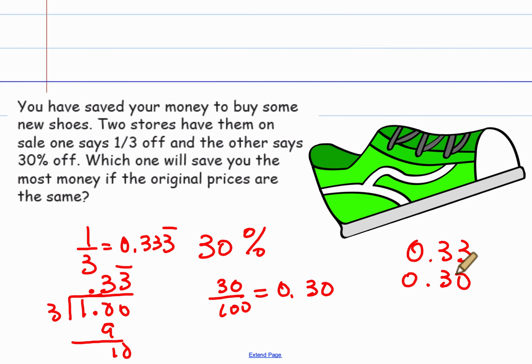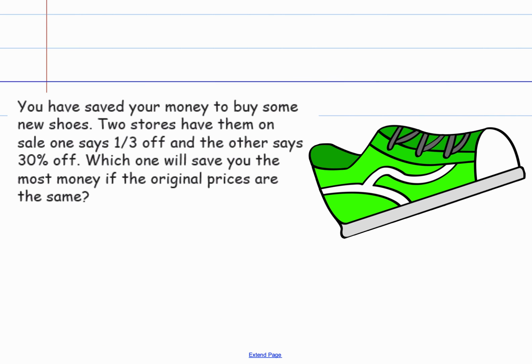Well, 33 hundredths, even though that's repeating, is bigger for sure than 30 hundredths. Therefore, we know which one is greater. It has to be that 1/3 is greater because when they're both written as decimals, we know that 3 repeating is greater than 30 out of 100.